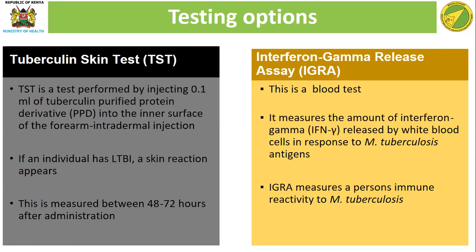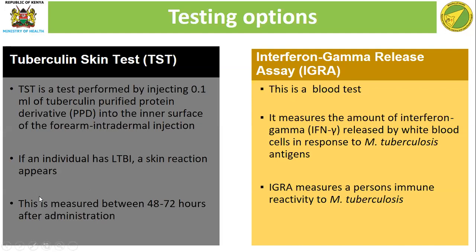But remember, the people we're testing here do not have signs and symptoms. If they have signs and symptoms and you test, then you are likely dealing with a TB patient. But if they don't have signs and symptoms and turn positive, then for sure you are dealing with a latent TB infection.